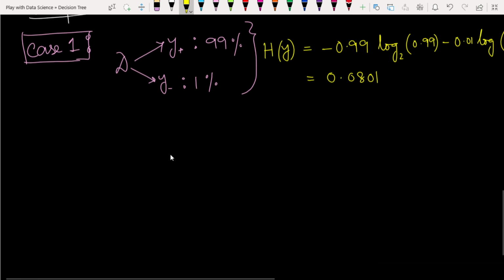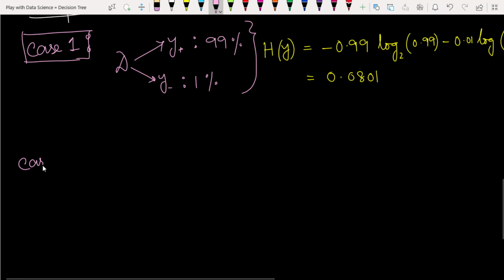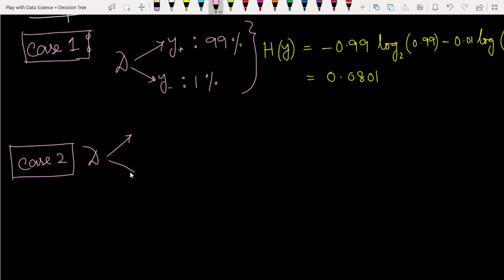Now let's take case 2. In this case we have the same number of points. Y plus and y minus have the same number of points, meaning y plus is 50% as well as y minus is also 50%. Now let's calculate it.